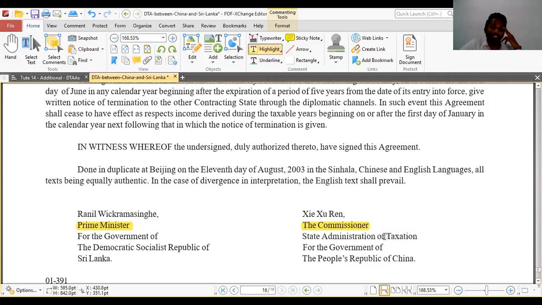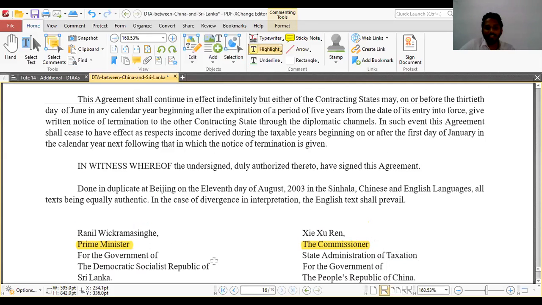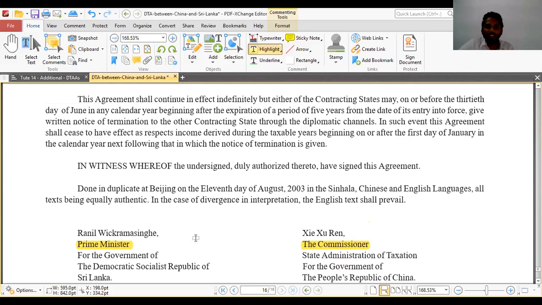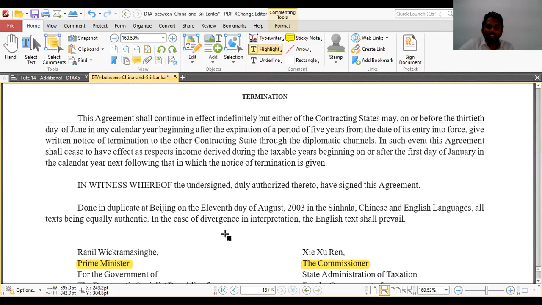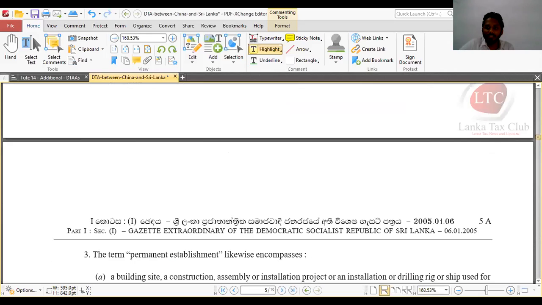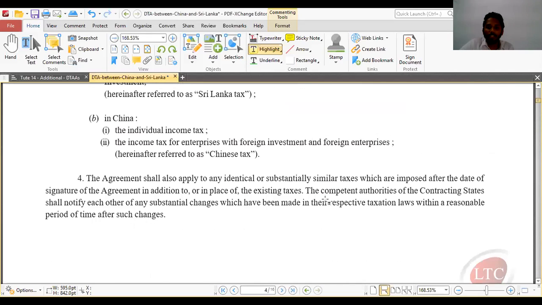They are basically in the revenue department in both countries. In Sri Lanka, the finance minister normally will not attend to that. The Commissioner General or the Deputy Commissioner General acts on behalf of Sri Lanka and the other country. So they will decide from where he is going to be taxed.